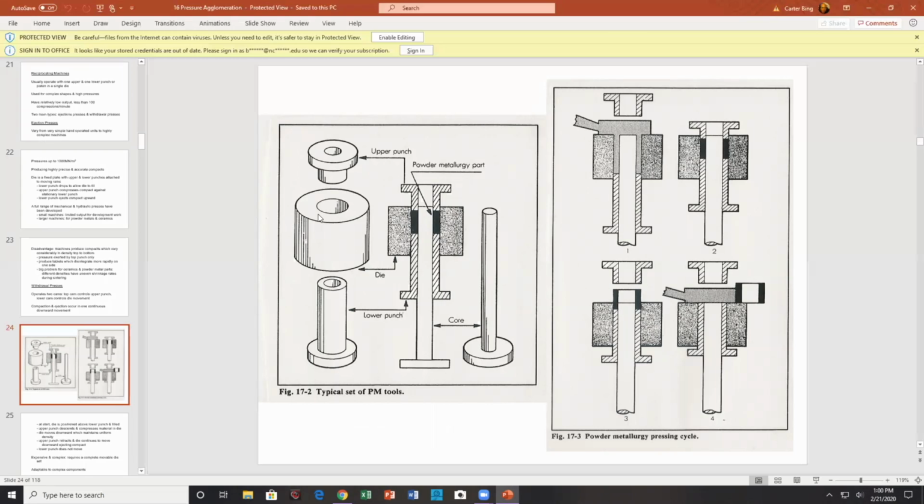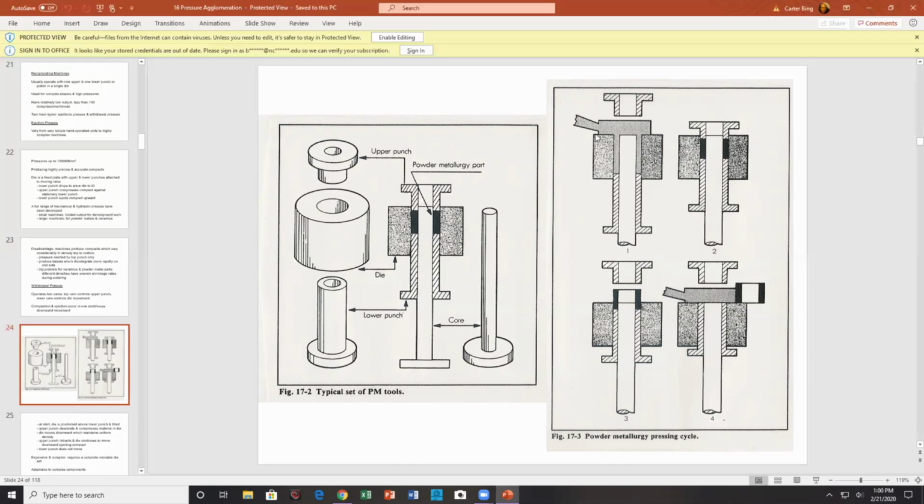We have a die here. We have a bottom punch, an upper punch, and a core. Your fill area is the annulus. The core is going to size the inner diameter. The punch and the core have to match, and the upper punch has to match the core as well.